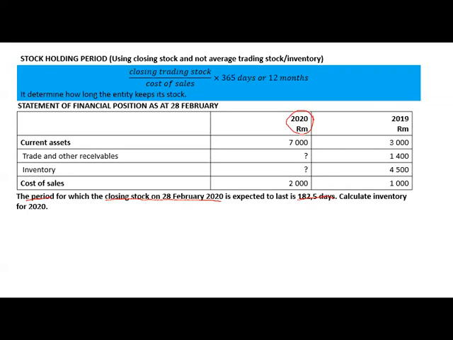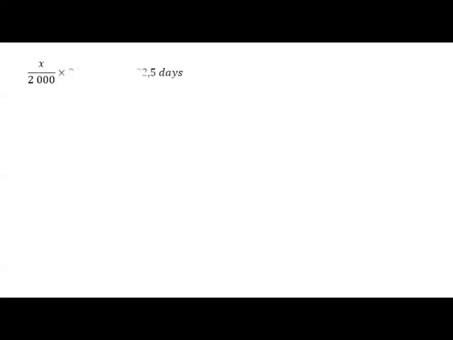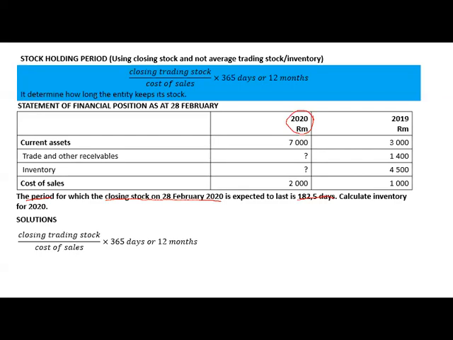Now, this is forcing us to use the second formula, which is just closing stock divided by cost of sales times 365. We don't have closing stock for 2020, so we'll put it as X, but we do have cost of sales for 2020, which is 2,000. Times it by 365, it's supposed to give us 182.5.